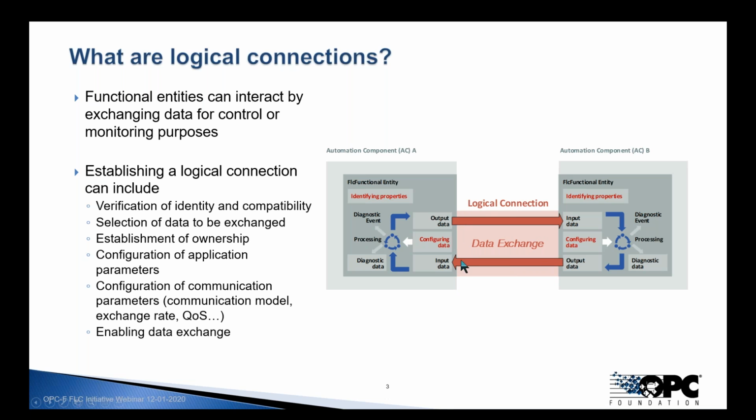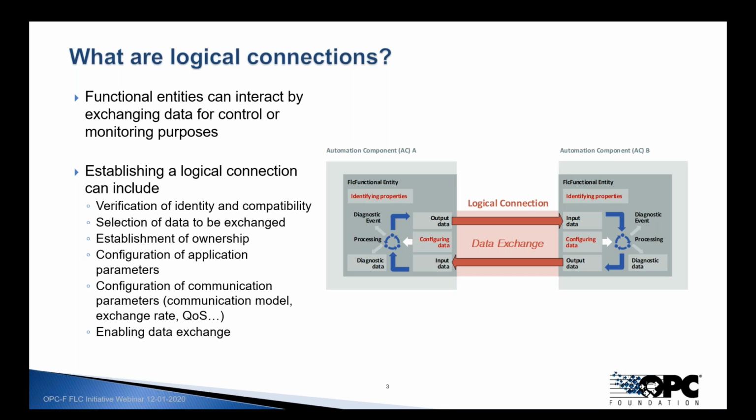So the first part of a logical connection is data exchange, for example for controlling things or monitoring purposes. What data is exchanged? Actually, our initiative doesn't care. It could be anything. It could be a Boolean value.